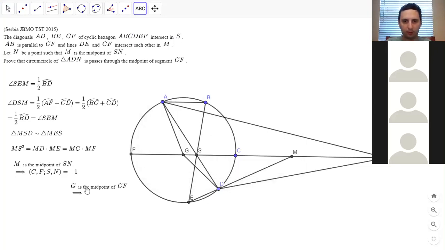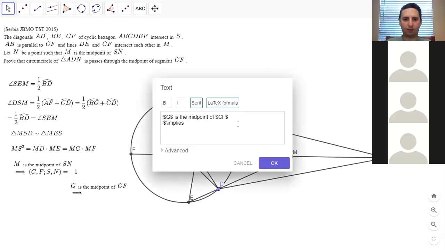So SG times SN is SF times SC, which is SA times SD.